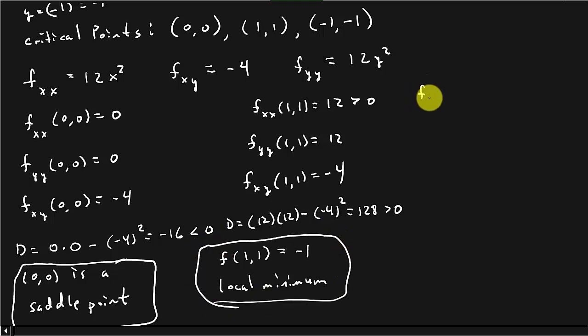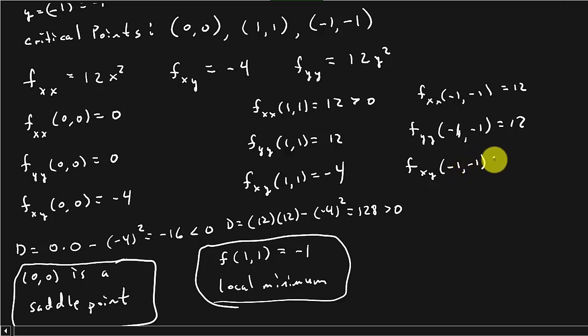And then we do the same thing with the point -1, -1. That's equal to 12. That's equal to 12. And that's equal to -4. And we get D is equal to 12 times 12 minus -4 squared, which is 128, which is positive.